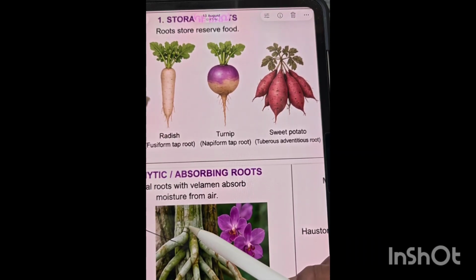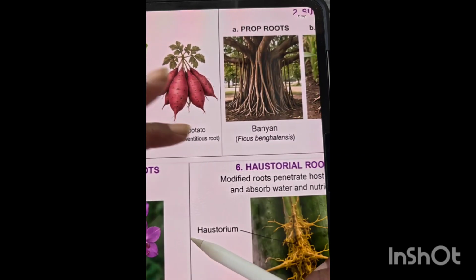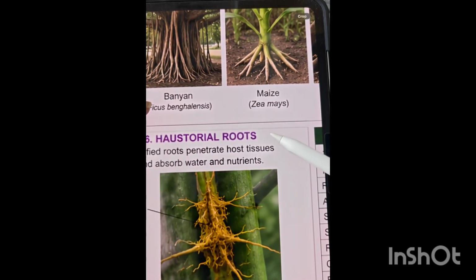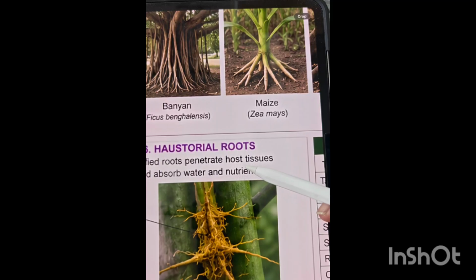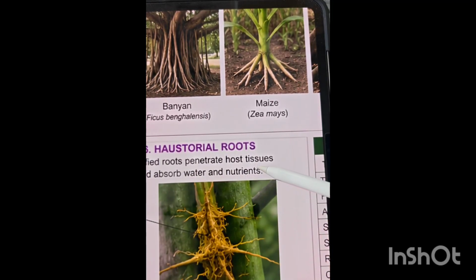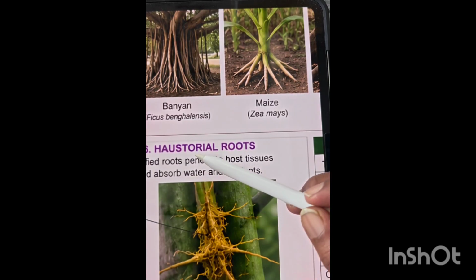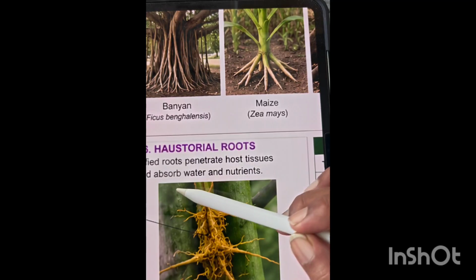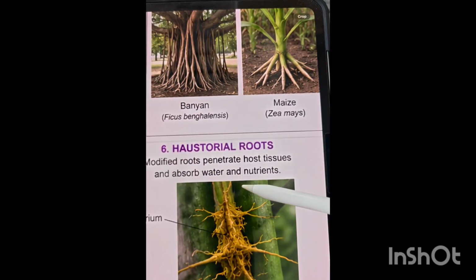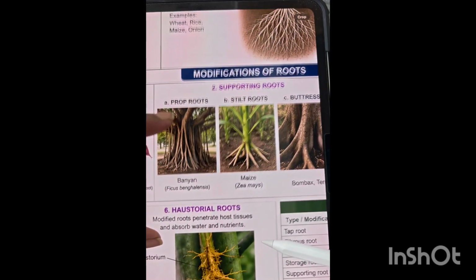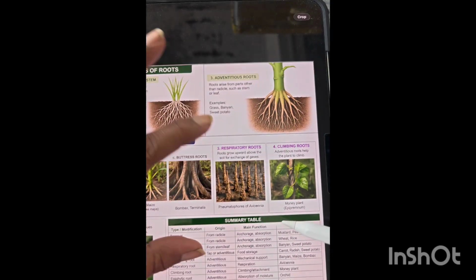The last type of modification, found in plants like Cuscuta, is the parasitic root, where the roots penetrate the host tissue and absorb water and nutrients. The part which penetrates is called the haustorium. So these are the simple modifications of the roots.